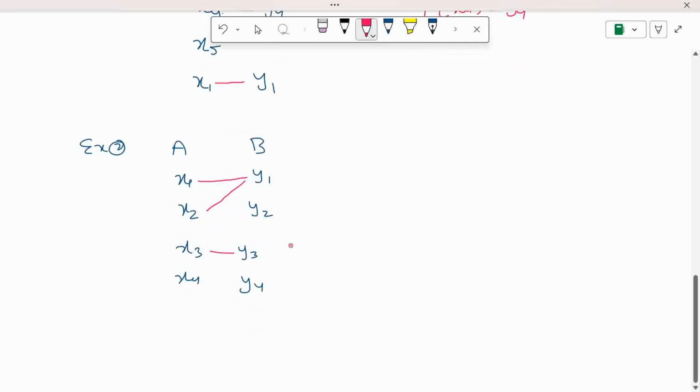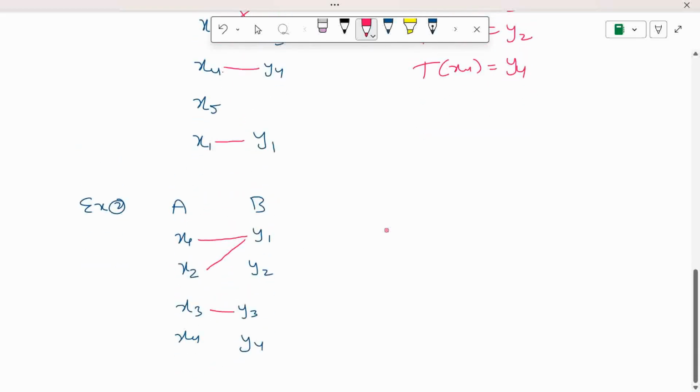So in this mapping, you can see that T of x1 equal to y1, T of x2 equal to y2.